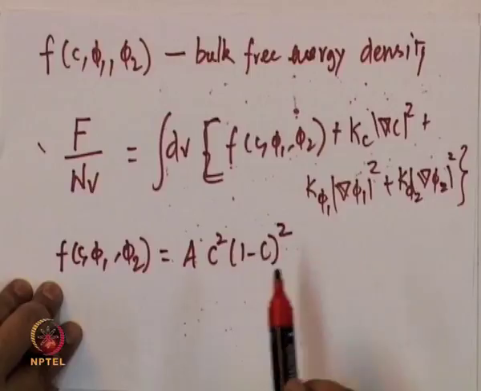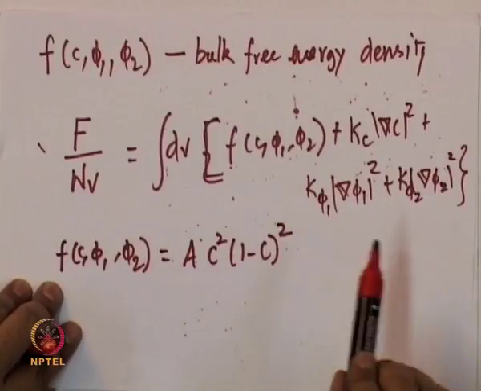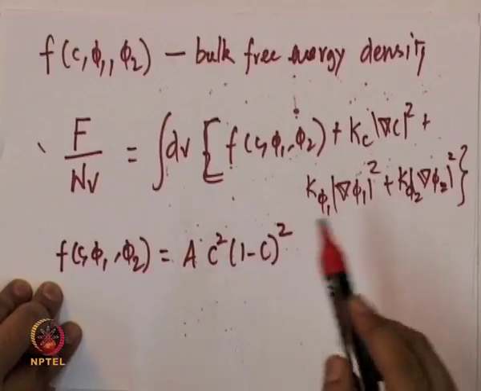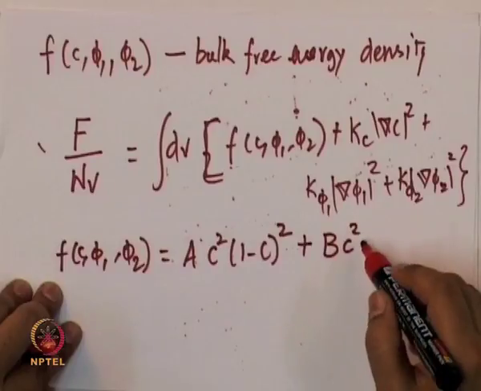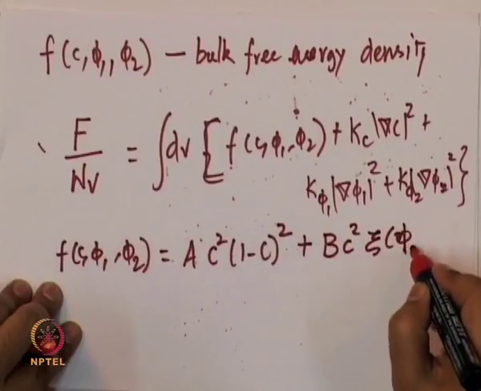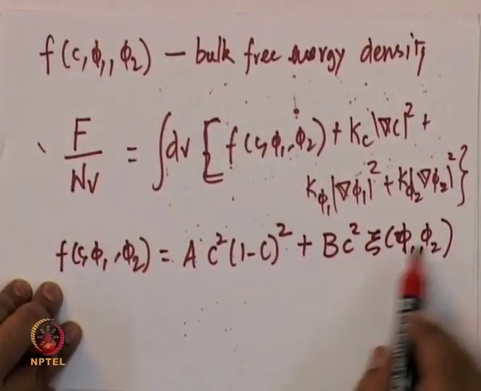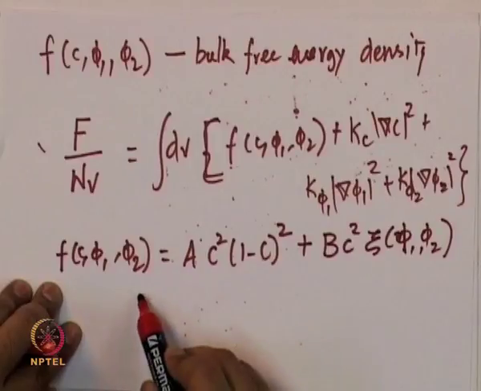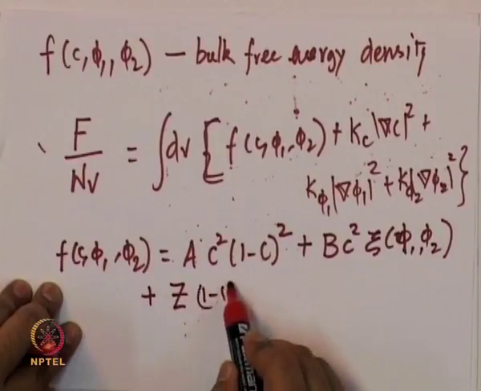Now, to make sure that when C equal to 0, the minima also has phi 1 and phi 2 equal to 0, we are going to write the next part, that is B C squared and some function xi of phi 1 and phi 2. I will write down what this function xi is, plus some Z times (1 minus C) whole squared.